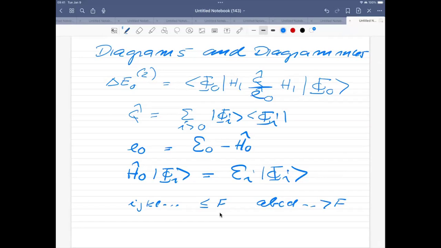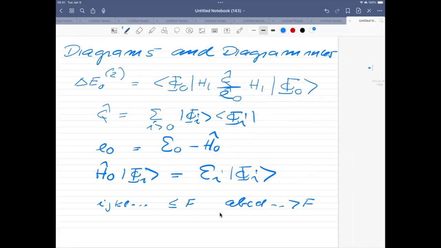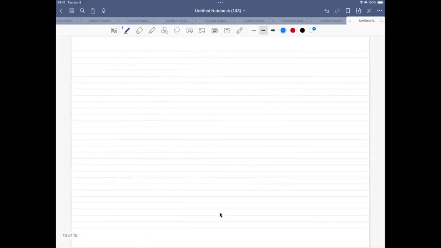If we now look at a specific Slater determinant, we could think of a specific state which is defined by a given number of hole states and a given number of particle states.